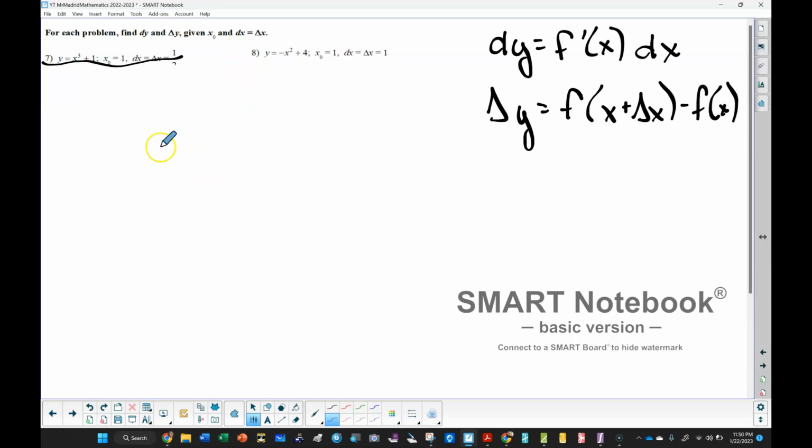For each problem, find dy and the change of y. How can we compare them? How do we find them? Let's do what we know how to do. Right out of the gate, take y equals negative x squared plus 4.